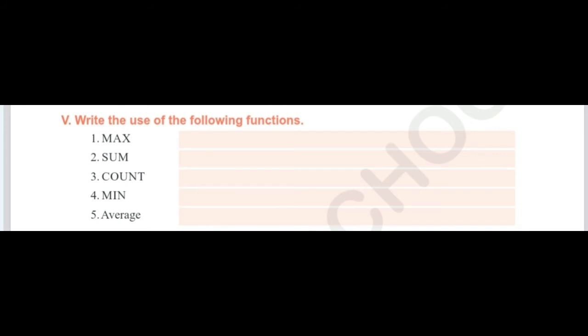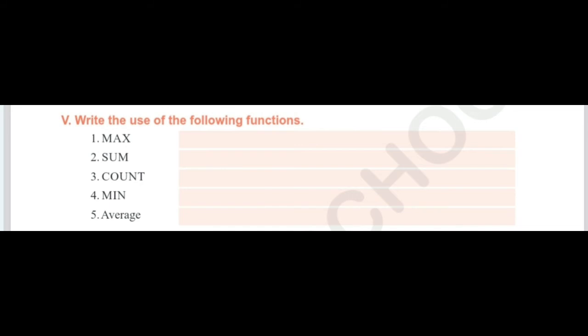How many values we have entered in rows and columns, we can get the count using the COUNT function. MIN function, it will return the minimum value in the selected range of cells. Simple answers. AVERAGE, it will return the average of the given values. So this is the answer for this Roman.